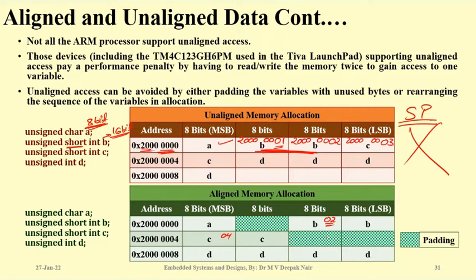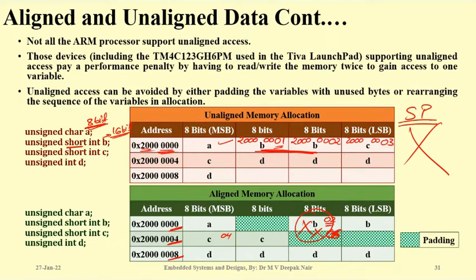Here also it can go to 06 for half word. It is allowed in the case of the program counter, but even these memories are not allowed in the stack pointer. It will always start with 00, 04, 08, 0C only.